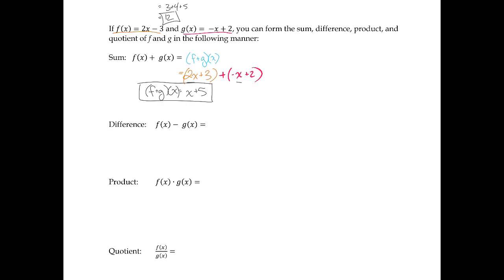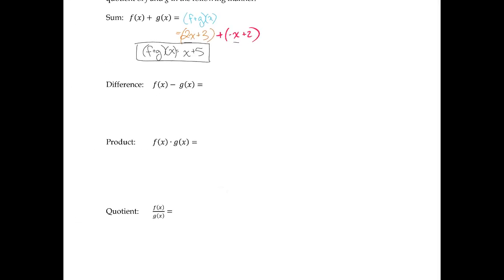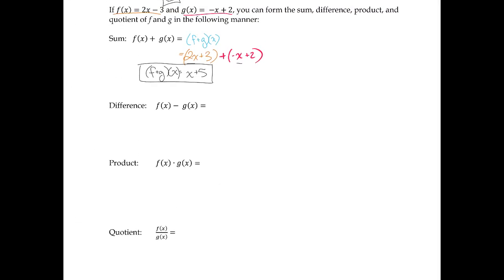If I'm subtracting, I'm going to go, sorry about that, 2x plus 3 minus negative x plus 2. Now remember, if we're subtracting, that extra negative just, it basically implies opposite.